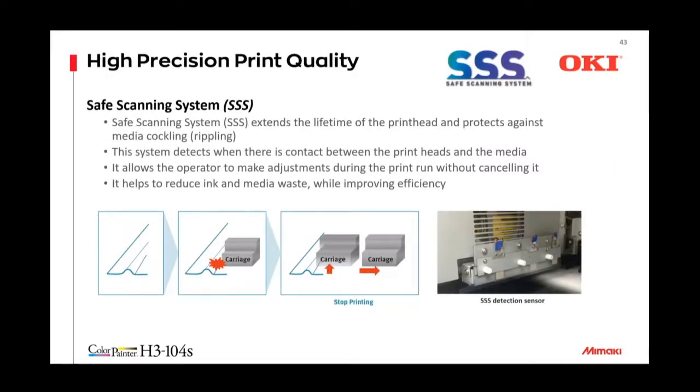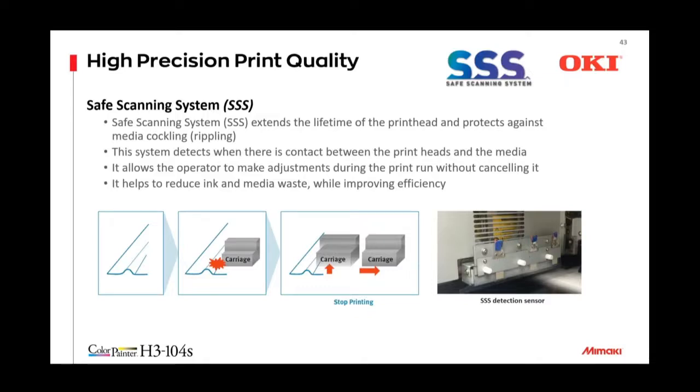A feature on the H3 is what we call SSS, which is Safe Scanning System. This extends the lifetime of the printheads and protects against media cockling and rippling. You can see just the bottom right-hand corner of that slide, we've got an SSS detection sensor.